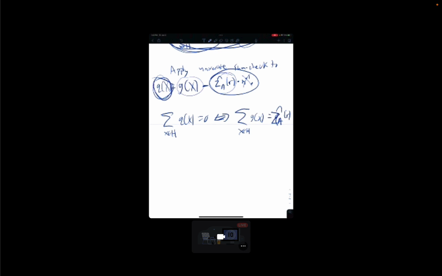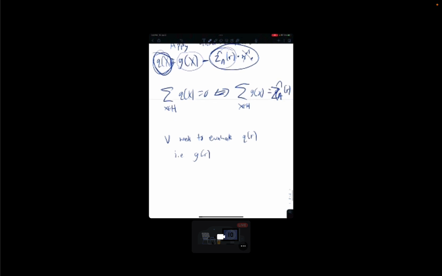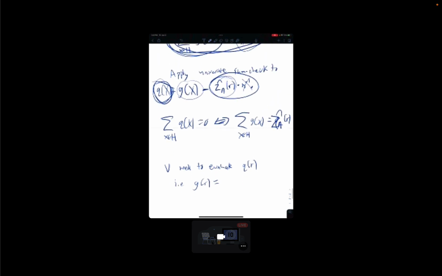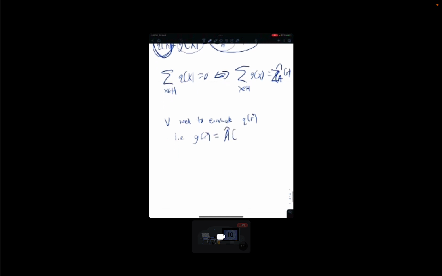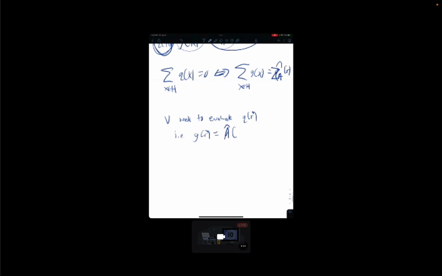So the only remaining thing to discuss is that the verifier needs to, at the end of univariate sum check, evaluate Q at a random point R prime, which requires evaluating G at R prime. Remember, G was A hat of R comma R prime, times Z hat of R prime.